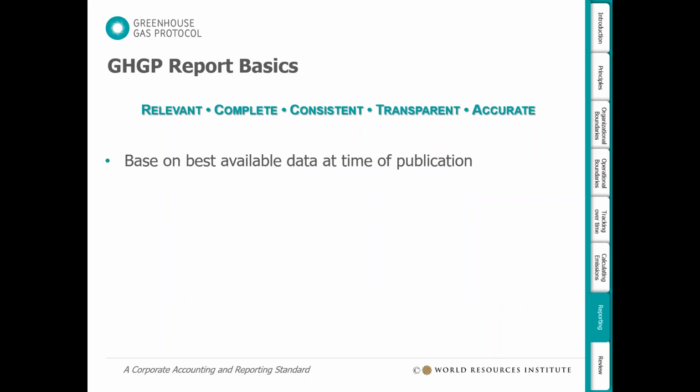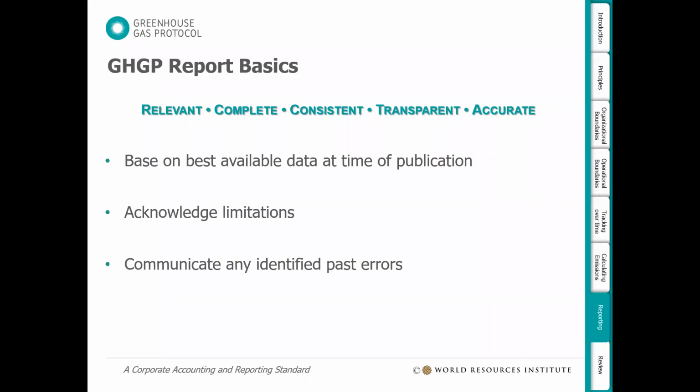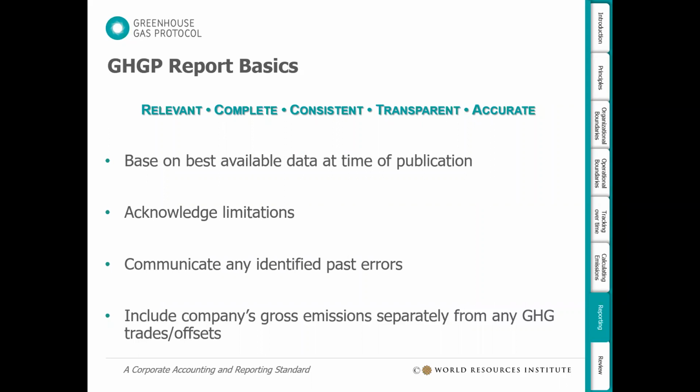We recommend that it be based on the best available data at the time of publication, whilst also being transparent about its limitations. And also that the inventory communicate any material discrepancies identified in previous years, and include the company's gross emissions for its chosen inventory boundary.